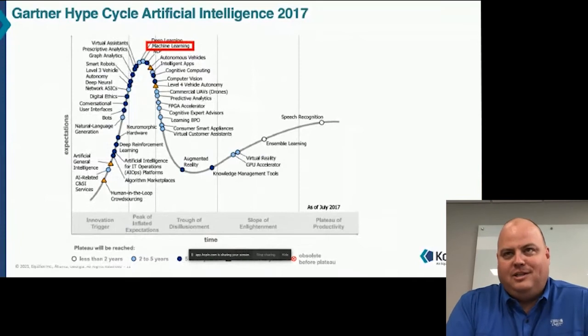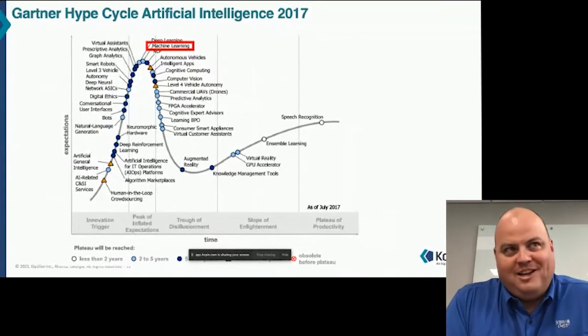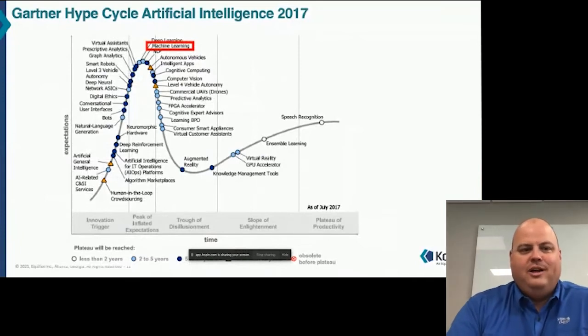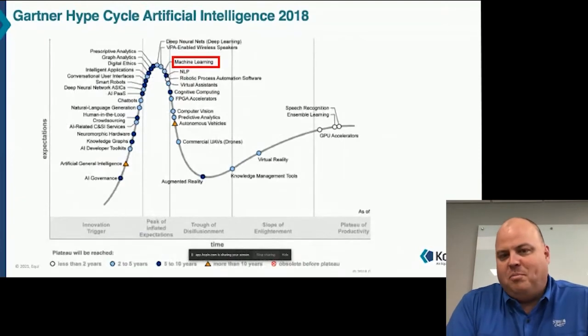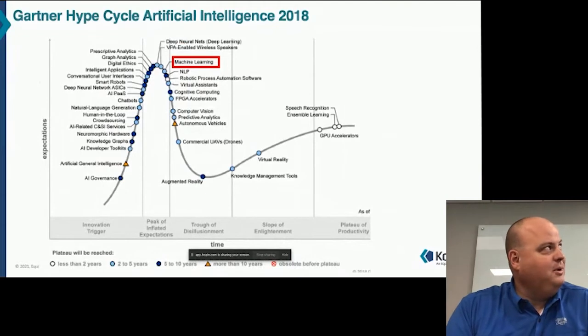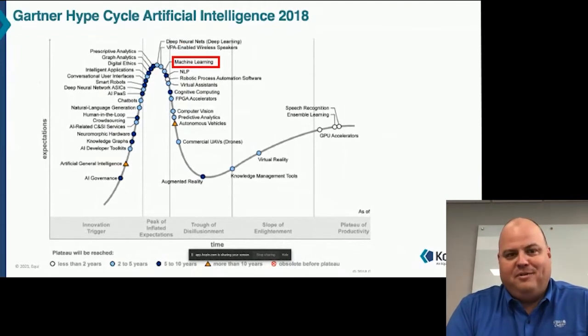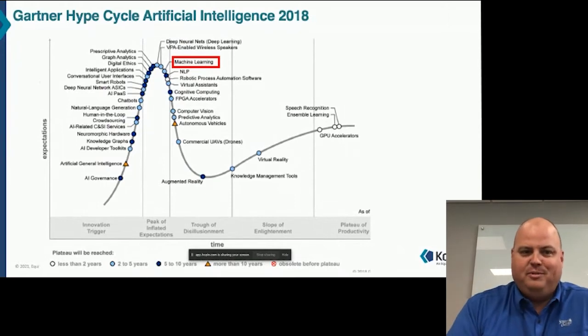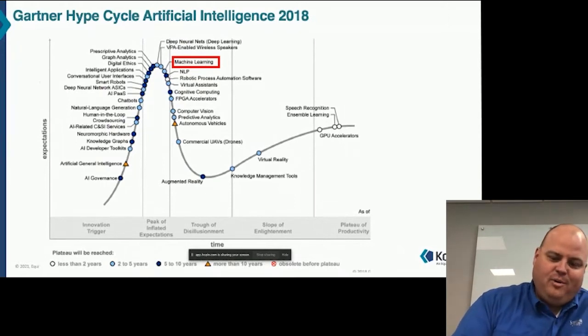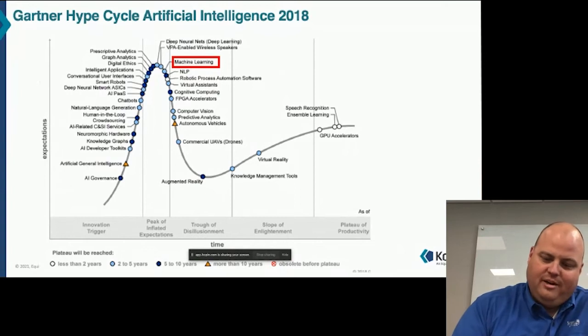By 2017, it was still there. And in fact, they were like, no, maybe there's a little bit more left to go. 2018, they finally decided that we were past it. And then mysteriously in 2019 and 2020, machine learning disappeared from this hype curve entirely, which I guess is the ultimate trough of disillusionment. So yeah, lots of hype around machine learning.